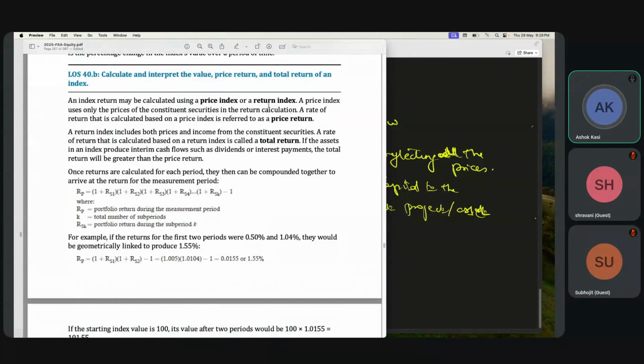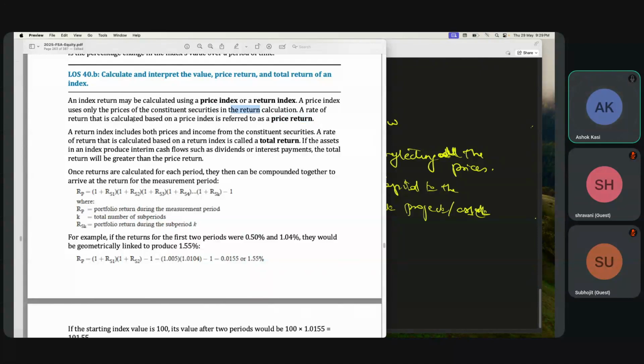Now, return index. An index return may be calculated using a price index or a return index. A price index uses only the prices of the constituent securities in the return calculation.